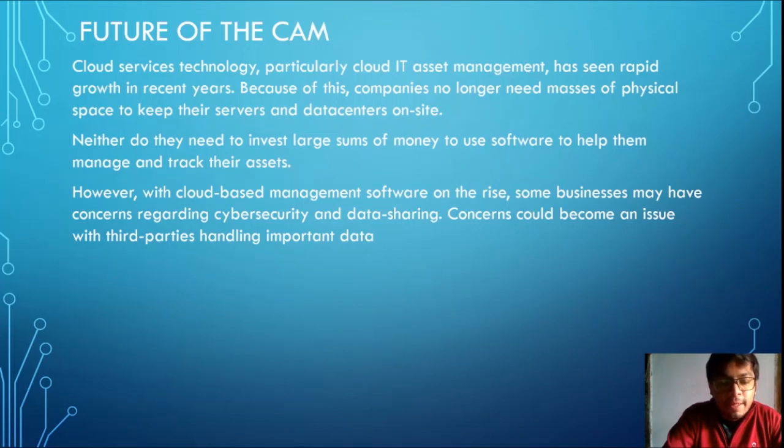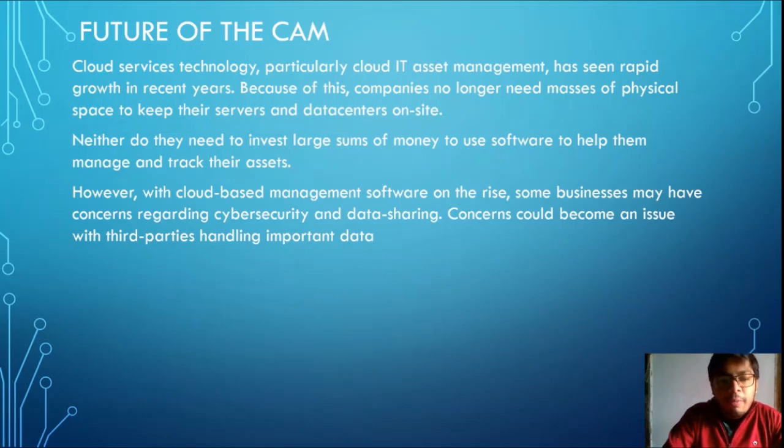This means the data center should be secured, and the data centers are on site, not at mobile locations. If a company uses IBM's data center, it doesn't mean that the company is situated in that location. The company is not located in Dallas. They are only located in Bangalore or Mumbai, but they are using the servers of the data centers in Dallas or London. So this is the future of CAM.